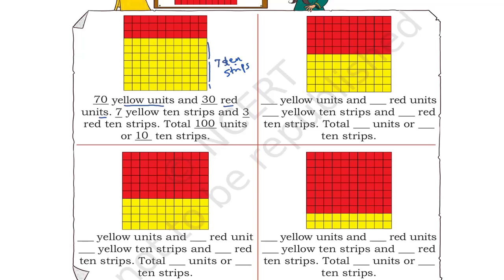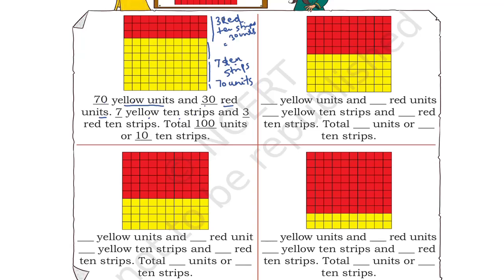That makes it 70 units. Similarly, we have 3 red 10 strips that make it 30 units. That's what the question is saying. 70 yellow units and 30 red units.